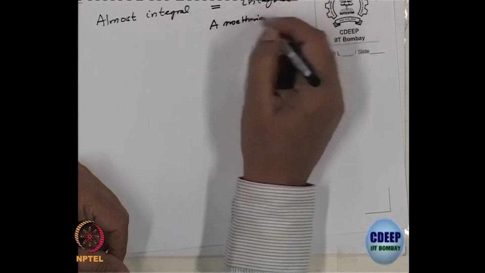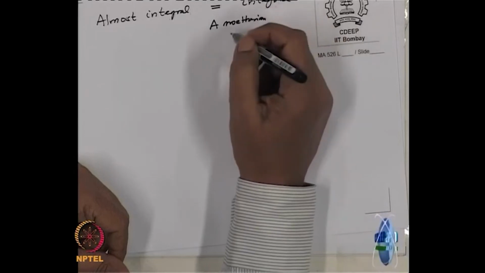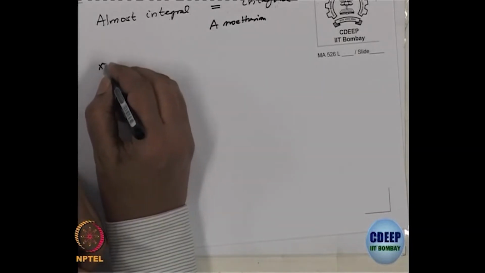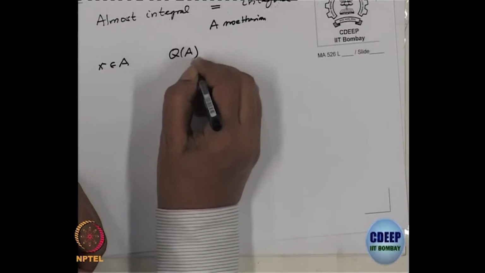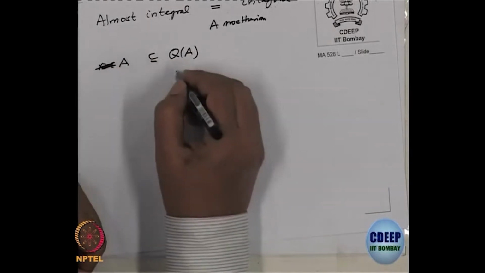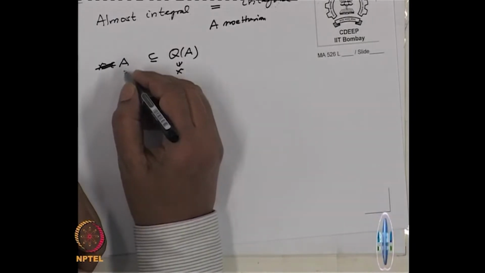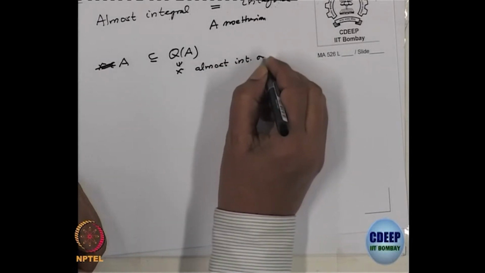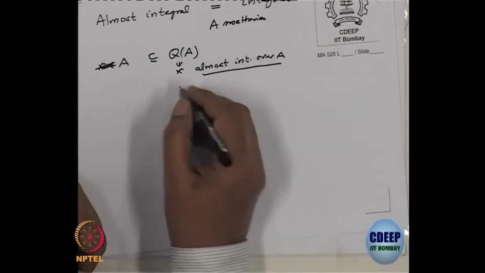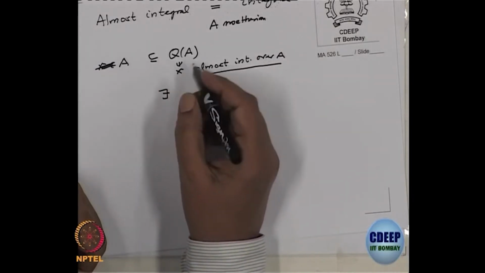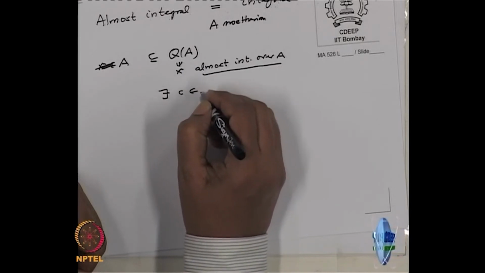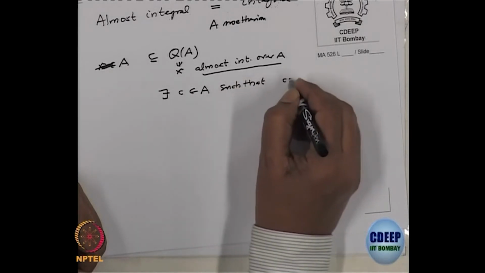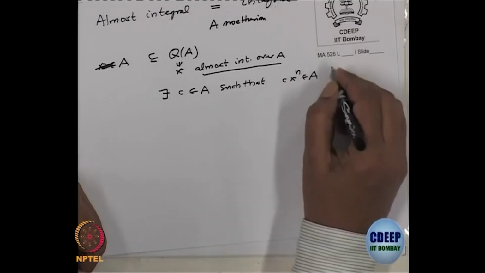So, integral, you know, integral means it satisfies a monic polynomial with coefficients in A. Almost integral means, an element x in K, the quotient field of A, we call it almost integral over A if there exists an element c in A such that c times x^n belongs to A for all n.